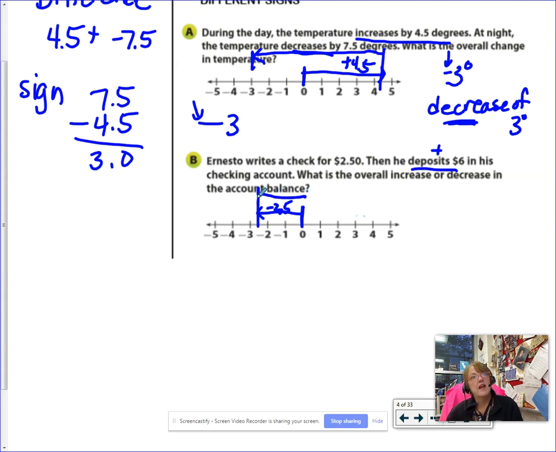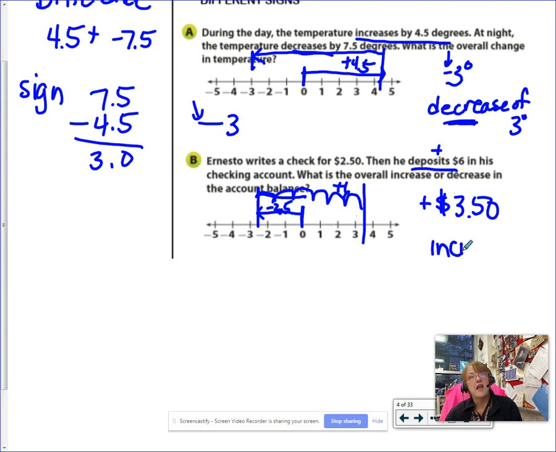And as we start adding, now because I don't have a halvesy in here, when you hop, you got to hop at the halfway mark. 1, 2, 3, 4, 5, 6. So if you use a number line, that's what adding 6 looks like from a position of -2.5. Okay, that tells me I should end up with $3.50, and it's a positive increase.